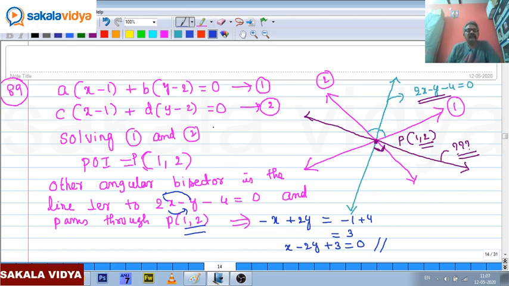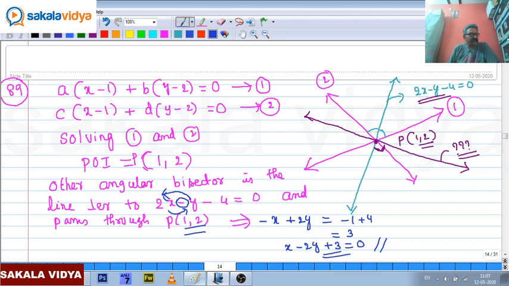See, interchanging the coefficients, minus 1 comes here, minus x. 2 goes this side, and this minus becomes plus. Minus x plus 2y passes through 1 comma 2. Substitute: minus 1 plus 4, 3. Minus x plus 2y goes that side. x minus 2y plus 3 is equal to 0.